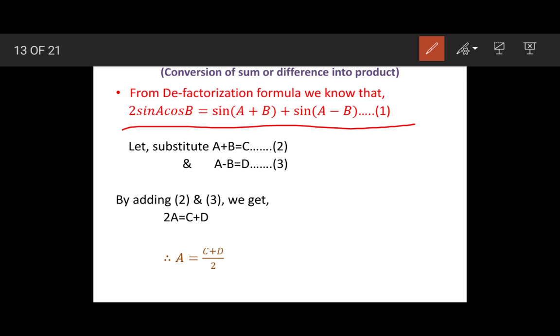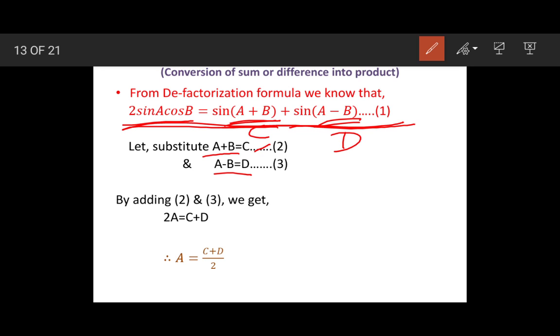The first defactorization formula is 2 sin a cos b, which is equal to sin(a plus b) plus sin(a minus b). In that, we are going to substitute a plus b as c and a minus b as d.